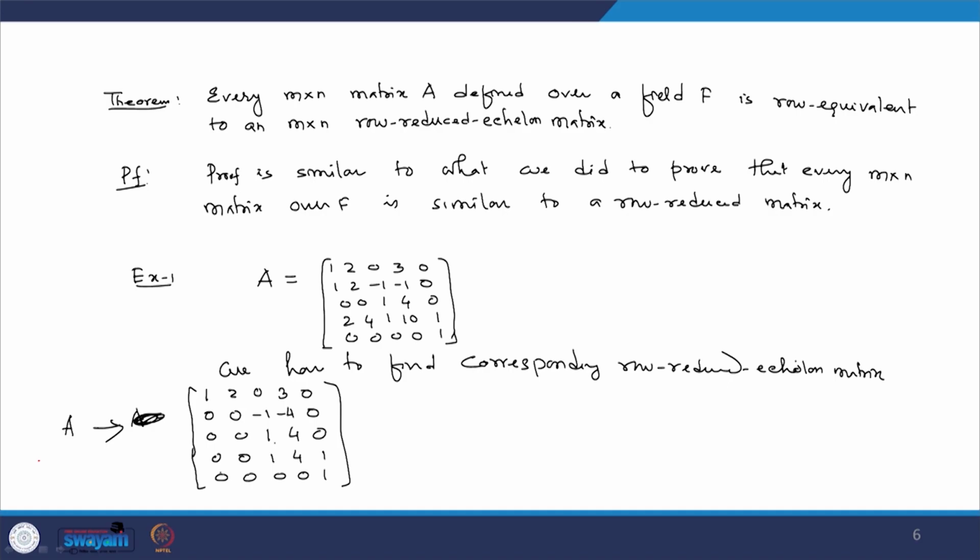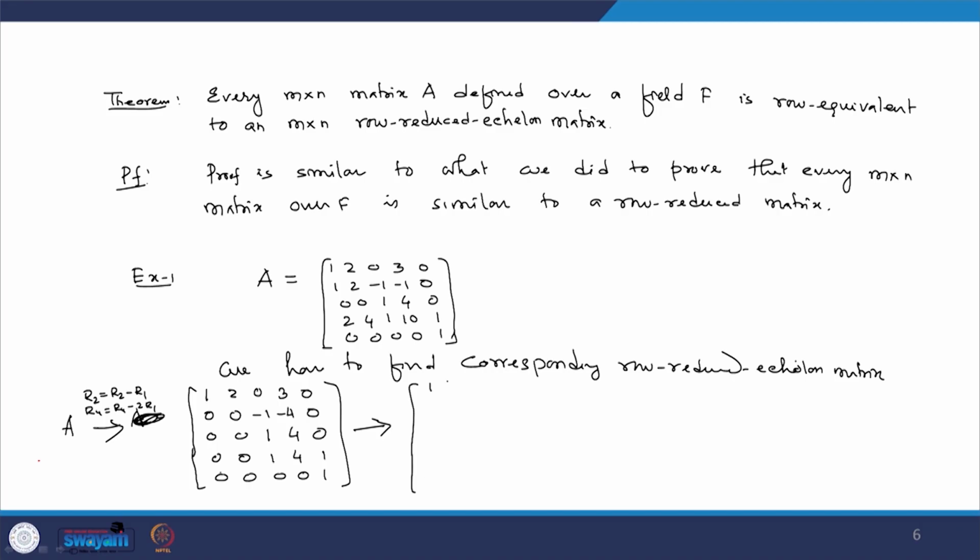Okay. So, by elementary row operations, here we have done R2 equal to R2 minus R1 and R4 equal to R4 minus 2 times R1. So, I have got this one. Then I see that it is still not a row reduced matrix. So, for that I have to do another step.